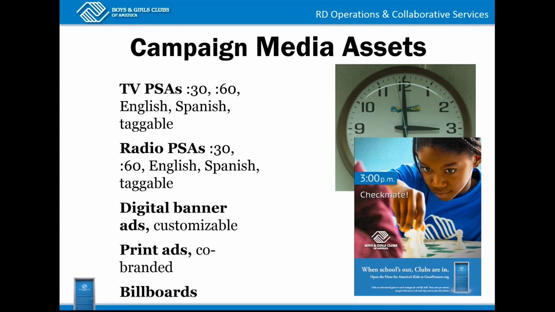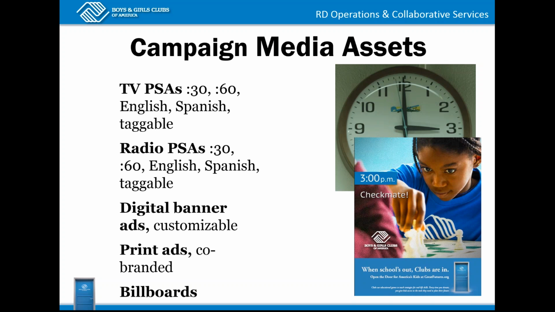So if you can build a relationship, perhaps through one of your board members, with local media companies, you can get these things put on the air. And because they've already been put together for you by club marketing, you don't have to do anything more than ask them to add a tag. They're available in English or Spanish. There are 30 and 60-second PSAs, and again, they are taggable.